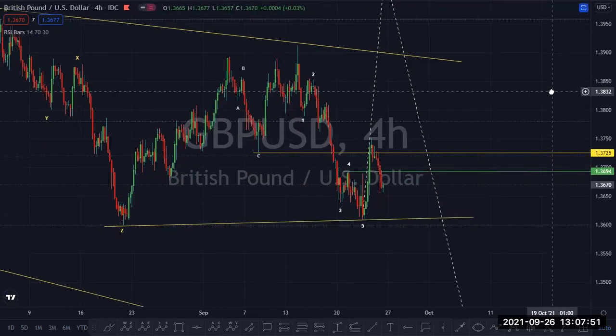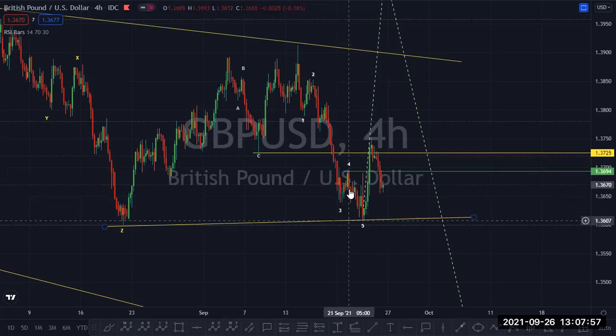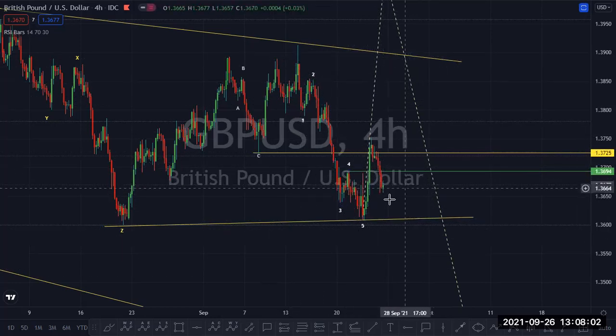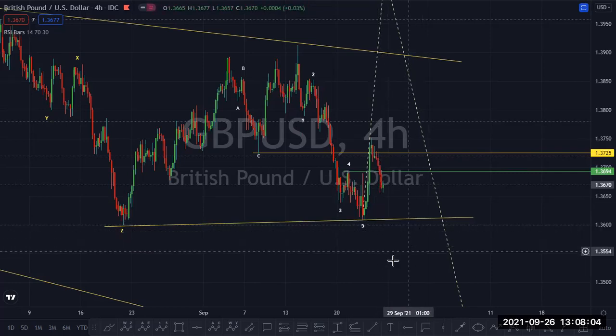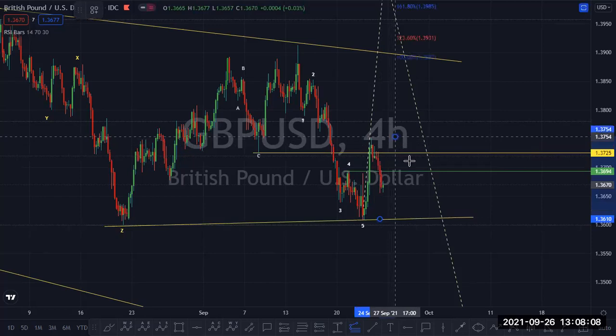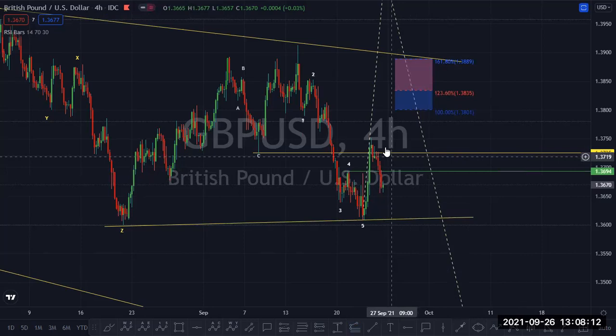On 4 hours, the triangle is still developing. So for now, we focus on this level. This drop is 1, 2, 3, 4, 5. And after that, this is what I'm expecting to happen on this. But the question is, has this drop ended?